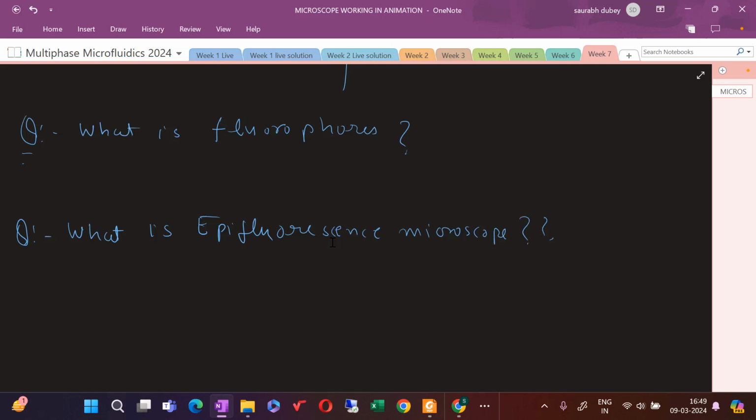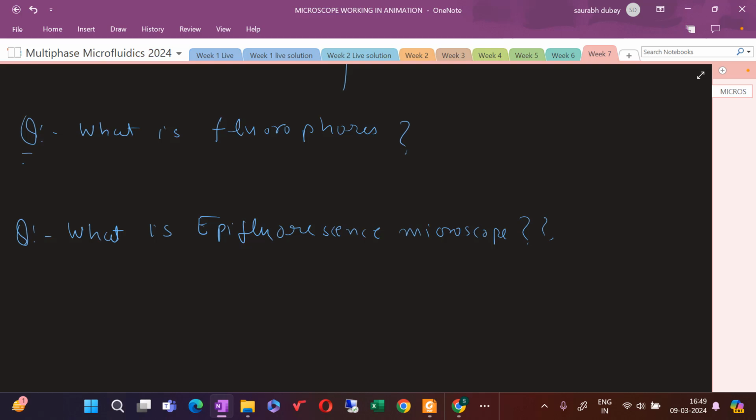So this is another question that could be answered. Basically the images are taken of the fluorescent particles, so based on the intensity of the fluorescent particles one can capture a field. If the intensity of the emitted light is temperature dependent, then one can measure the temperature field.